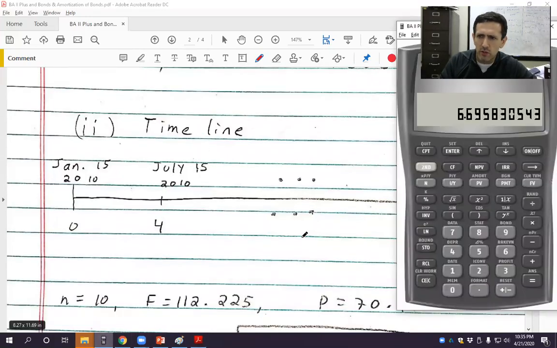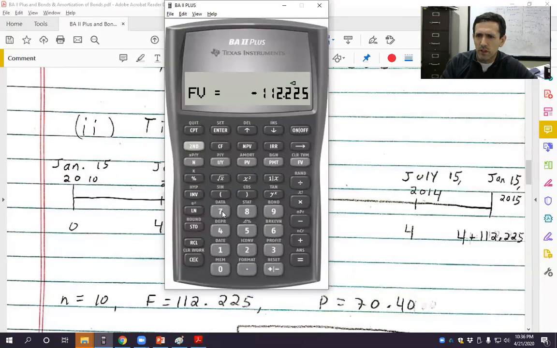So we just enter all this information like we just did before. It's 5 years, so 10 semi-annual payments. We get 112.225 at maturity. Oops, didn't want to enter that as minus, so enter that as a plus.